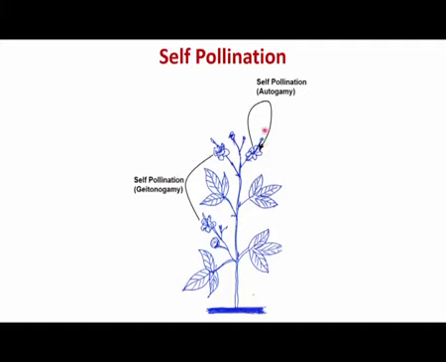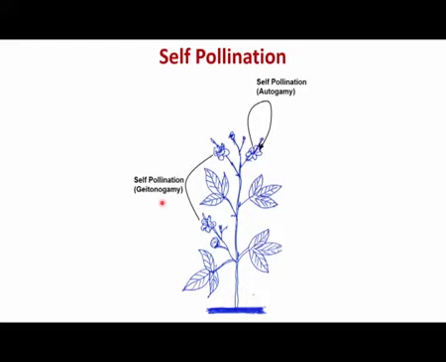In the other case, from the same plant the pollens come from one flower and go to the next flower, and that kind of self pollination is known as geitonogamy.